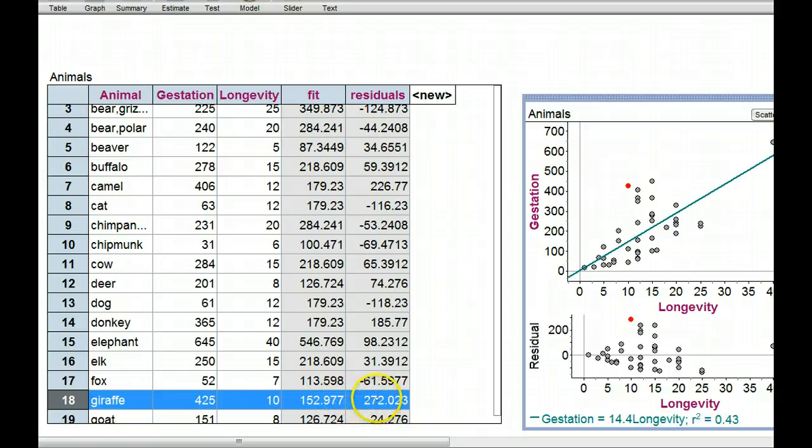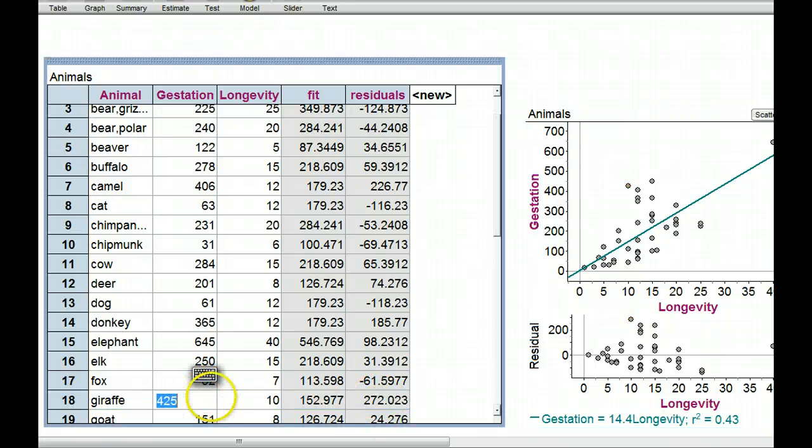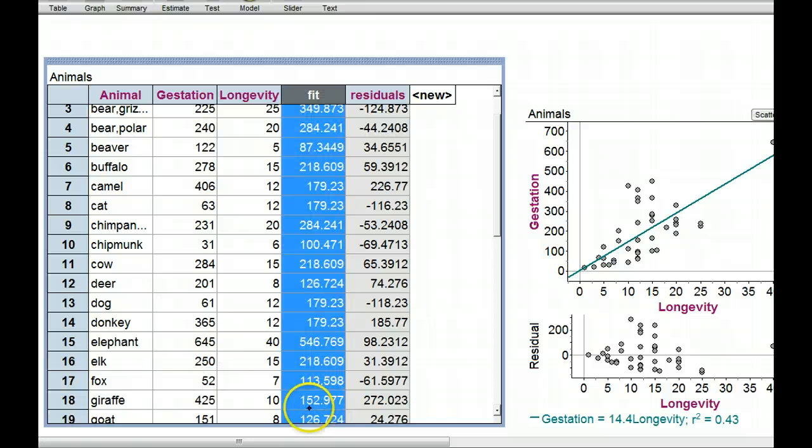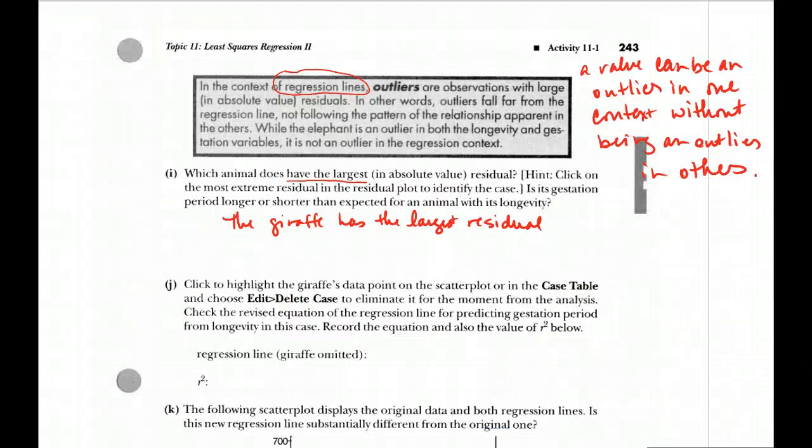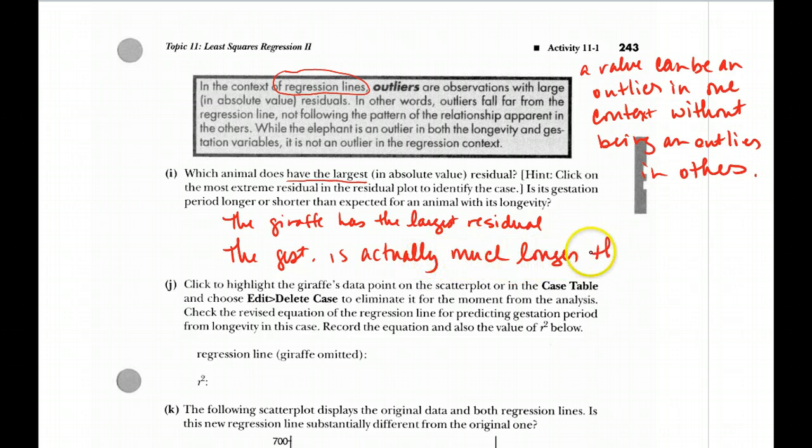So the actual gestation is much longer. The actual gestation is 425. The predicted gestation was 152.9. So the gestation period is actually much longer than predicted.